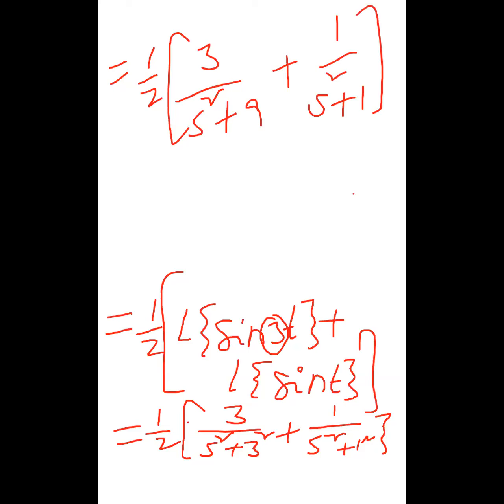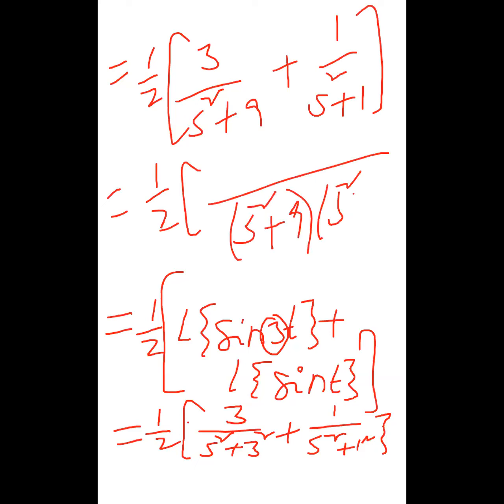Taking the LHS, find the LCM of the RHS, S square plus 9 into S square plus 1. So here 3 into S square plus 1, and here 1 into S square plus 9. Now simplify the RHS value.